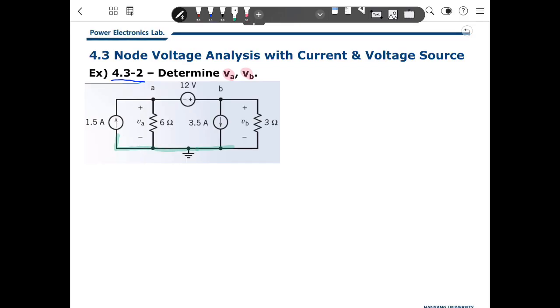This is one node here, and that will be a node, because of the different elements connected through this point, and this will be a node. So there are 3 nodes, and I choose that node as the reference node.